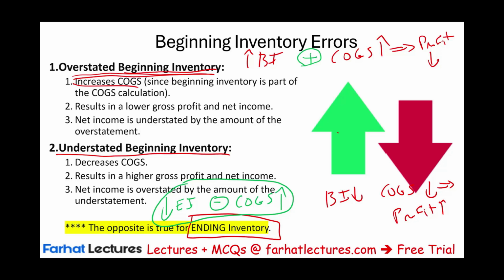Two, ending inventory becomes beginning inventory. And remember, if no other errors happen in the following year, the exact error would reverse itself and correct itself. So inventory errors are self-correcting as long as we don't make any additional errors in year two. In other words, as long as beginning inventory is the only error, it will self-correct.